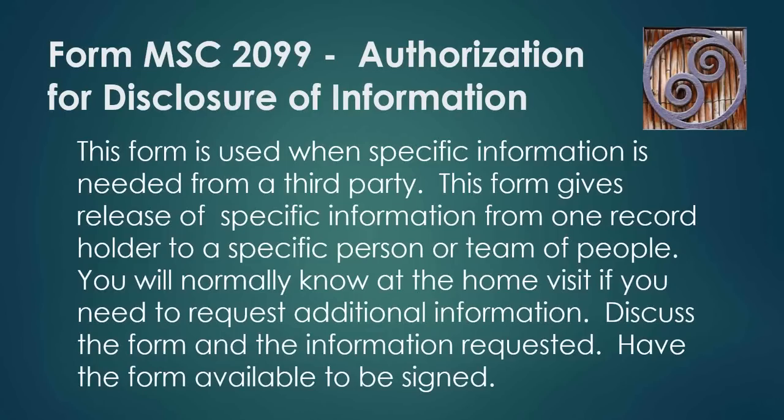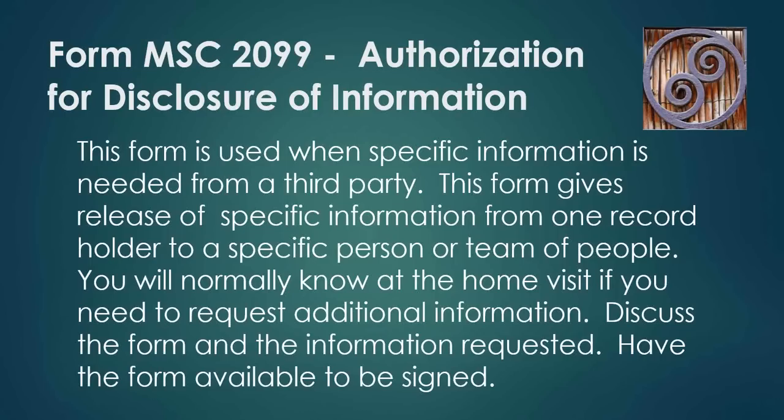Just to boil it down, this release of information gives release for specific information, not all information. For example, if you were getting a release from one record holder, you wouldn't want to say that you want all information pertaining to and then name your client.